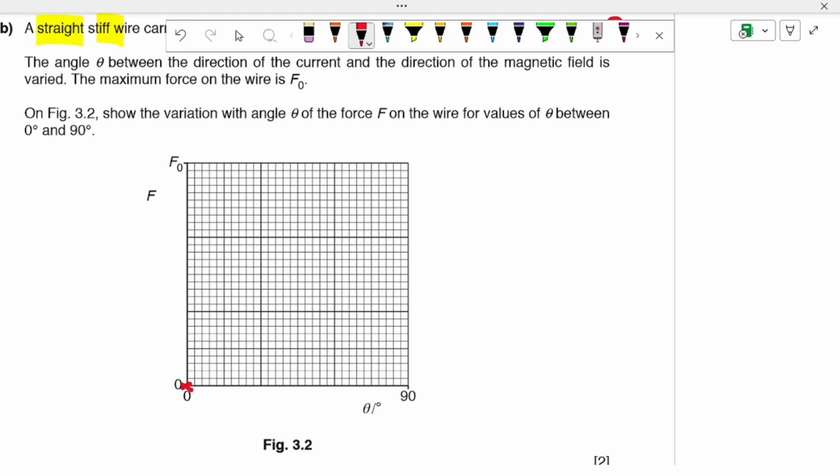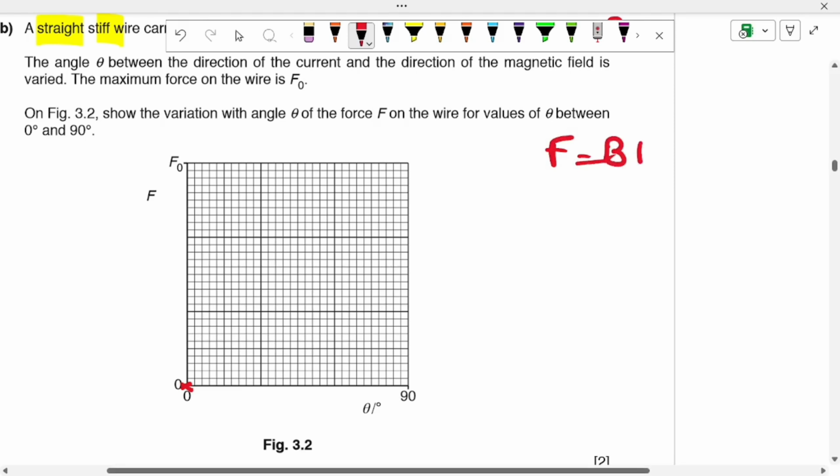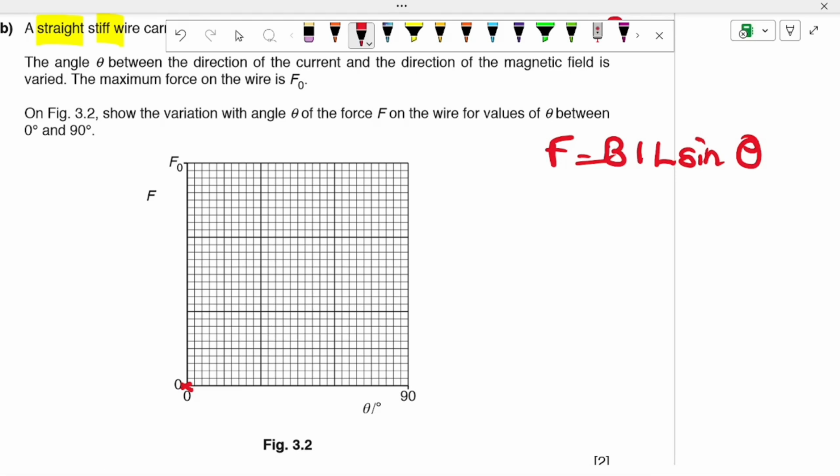And for the maximum force, a relationship was developed which says F is equal to BIL sine theta. So we know that the maximum value of sine is 1, at 90 degrees. That's our maximum force. But if sine theta is 0, that's how we're going to have a force of 0.